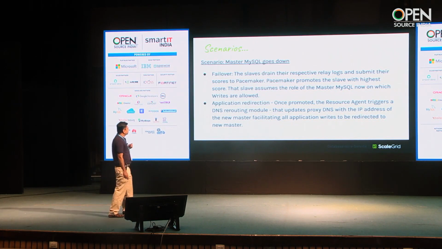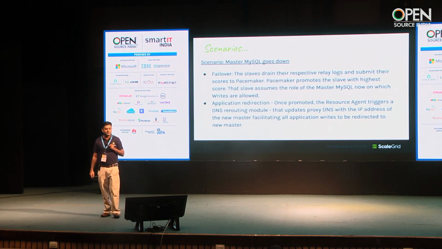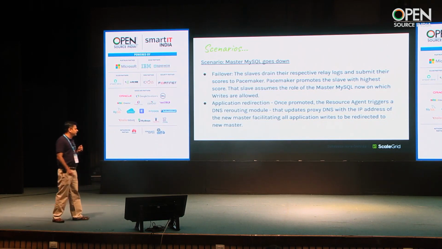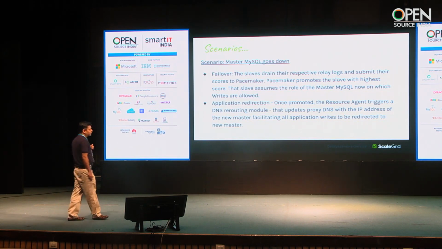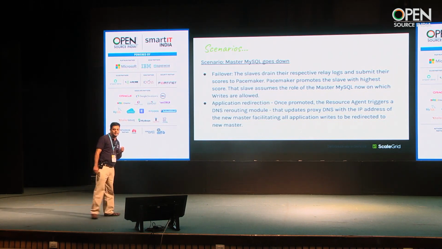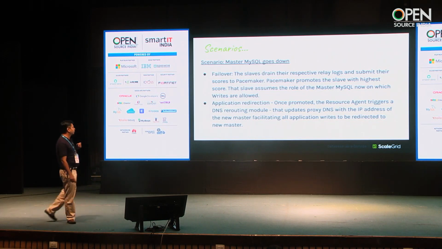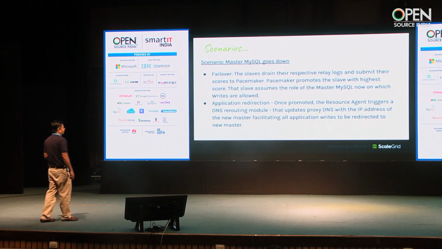Once Pacemaker receives the scores from the slaves, it is going to identify the right slave, which is the slave that has returned a positive score, and promote that slave as the new master or the new primary.